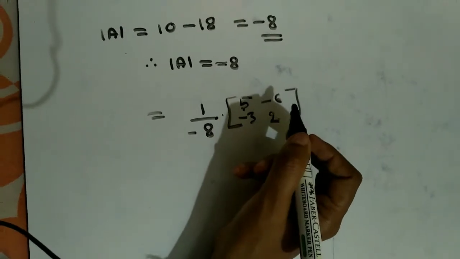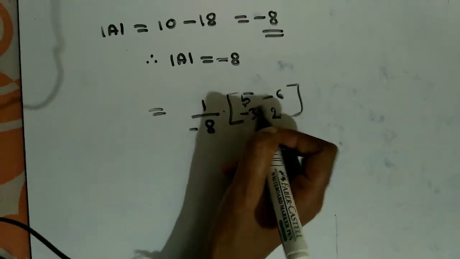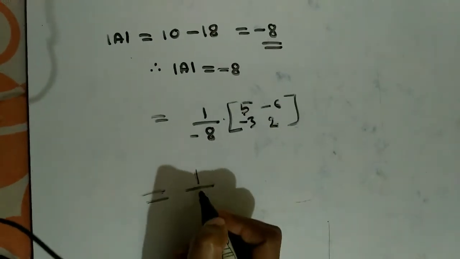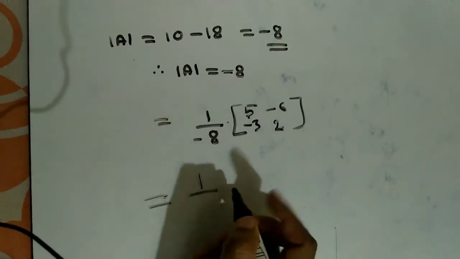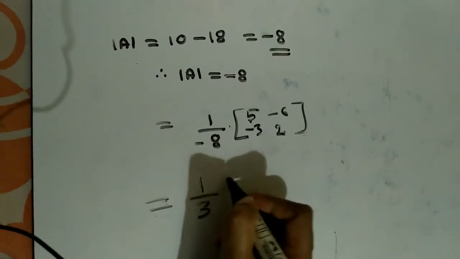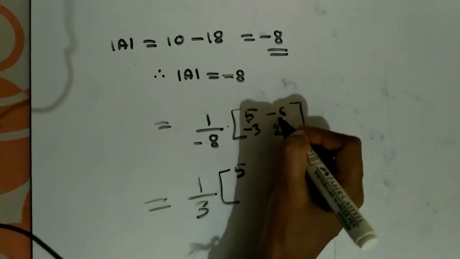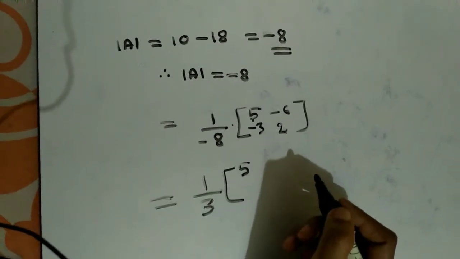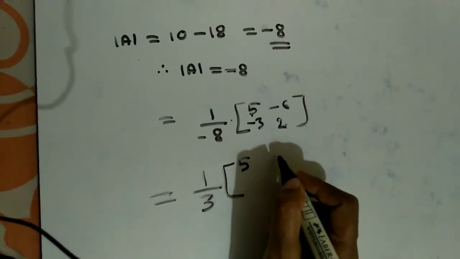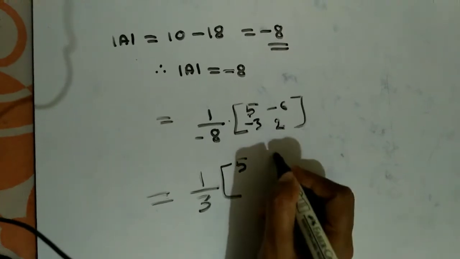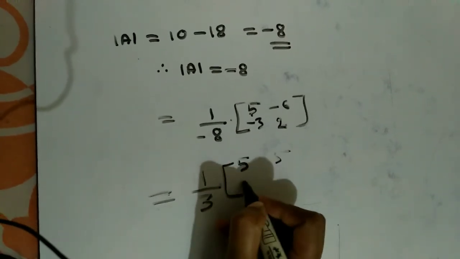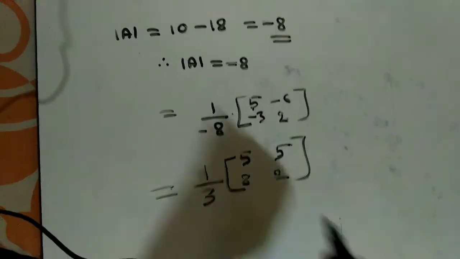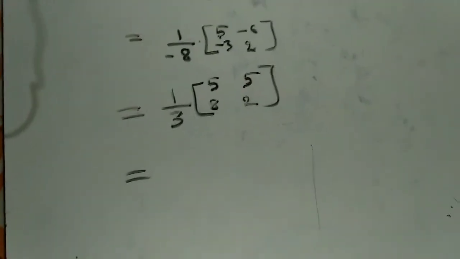Now you have to convert all these elements. 11 minus 8 gives you 3. 5 belongs to the set, but what about minus 6? 11 minus 6 is 5, 11 minus 3 is 8, and 2 belongs to our F11. So now we have 1 by 3.